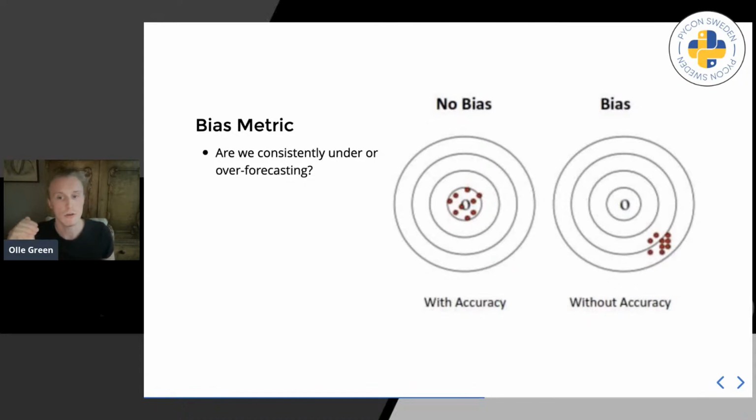We have very good accuracy in the right one. We hit the same point, but we're not hitting the middle target. So in supply chain or in finance, etc., when we use our model, are we consistently under or over forecasting while having good accuracy? It becomes very important.